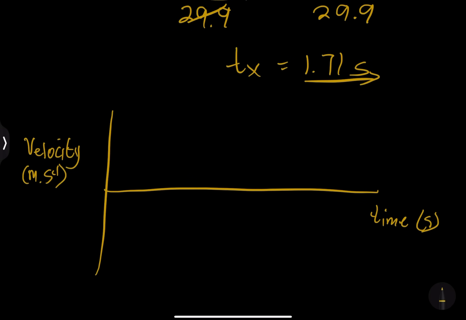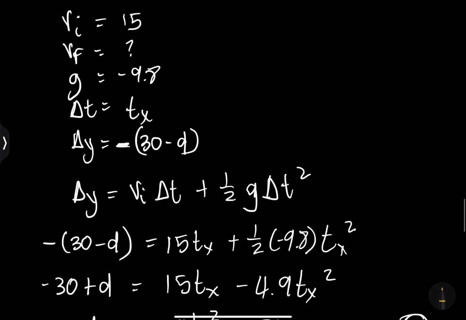Now, let's talk about the disk. We know for the disk, it started at 15 meters per second. So these are our axes. At 15 meters per second. And what happened? As it went up, it decreases. And then the velocity starts becoming negative as it goes down, right? So it's minus 15. And we remember that it reached maximum height. What was that time for maximum height?